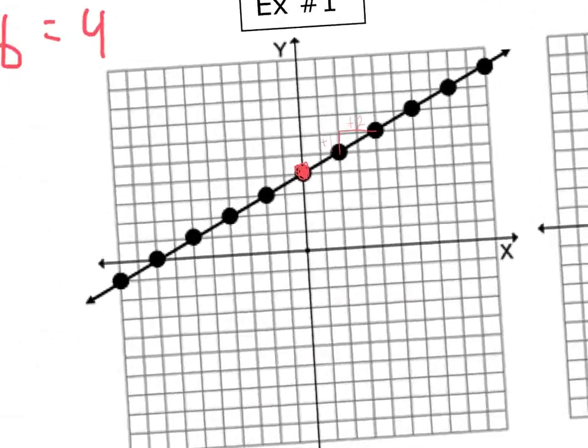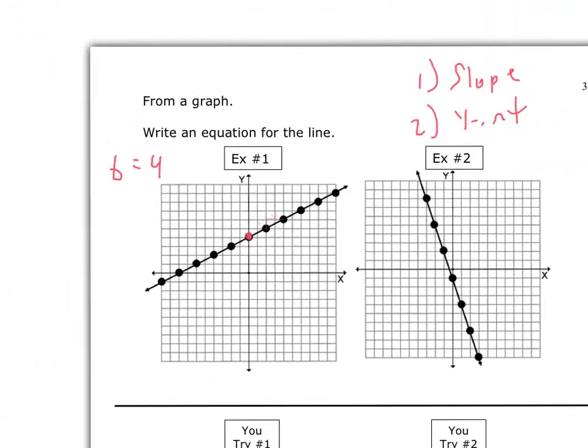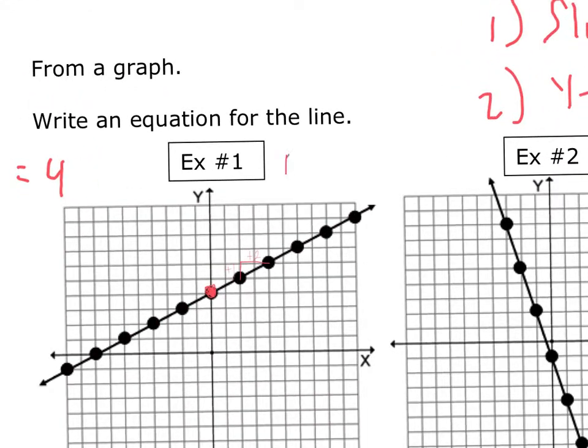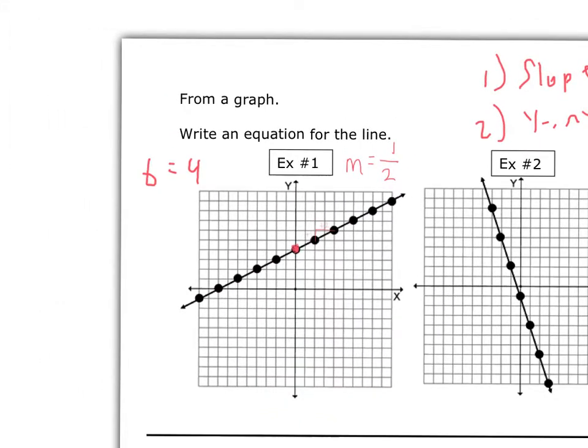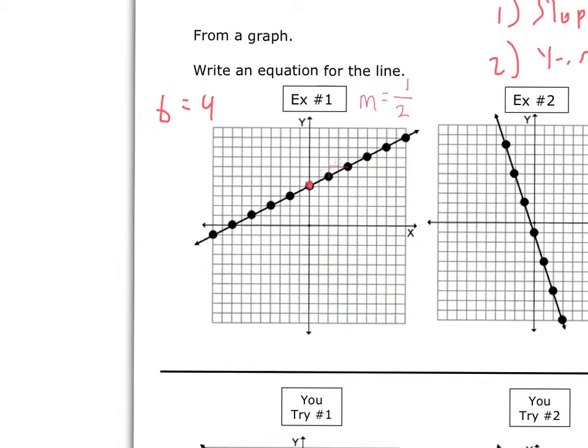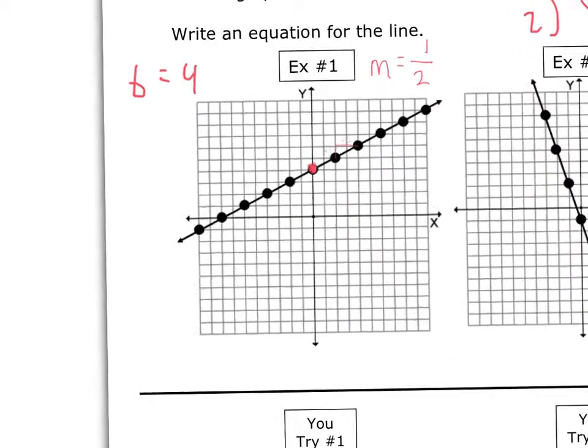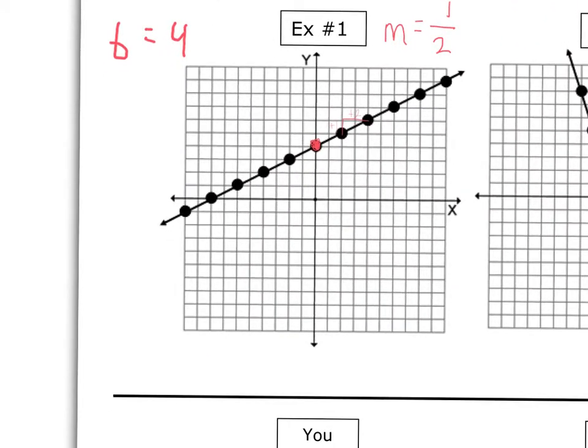So if I put that on top of each other, we have a slope of rise 1, run 2, or a slope of 1/2. So we have both of those pieces of information, and we can now write an equation using our y equals mx plus b form. Since our slope is 1/2, we have y equals 1/2 x, and then our y-intercept is a positive 4.